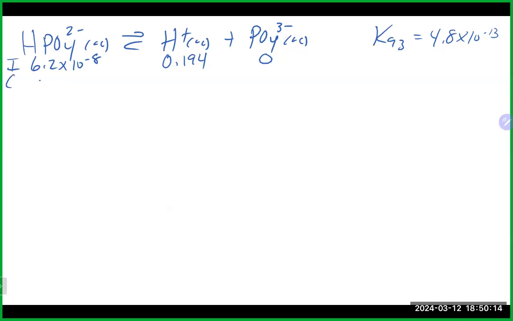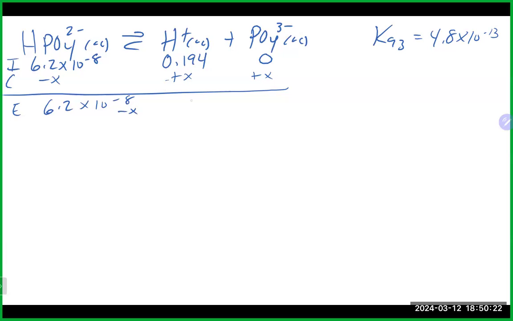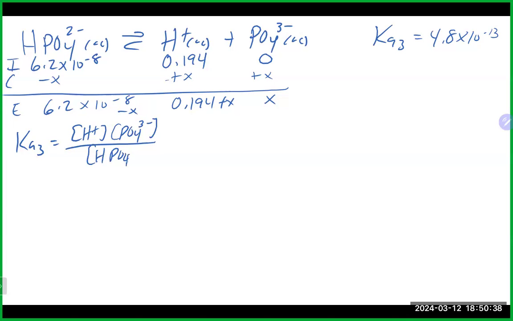Change is going to be minus x, plus x, plus x. Equilibrium: 6.2 times 10 to the minus 8 minus x, 0.194 plus x, and x. This is going to go into our Ka3 expression, which is H plus times PO4 3 minus divided by HPO4 2 minus, and that equals 4.8 times 10 to the minus 13.